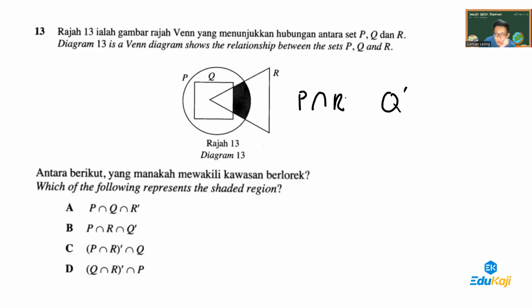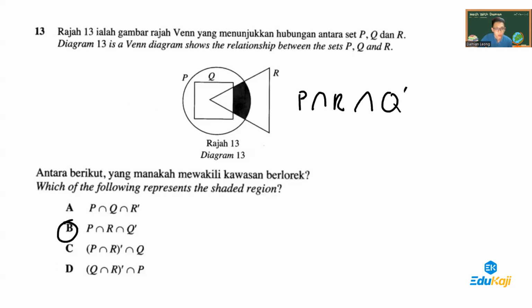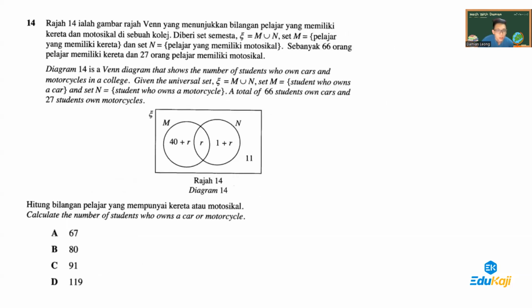So outside of Q and also intersect with P and R. So answer B. Yeah. Okay, inside P, inside R, outside of Q.